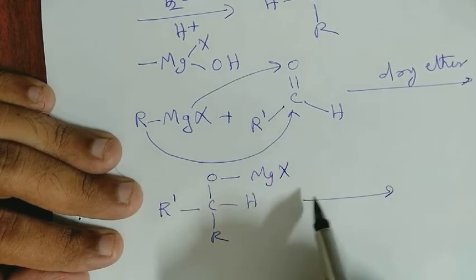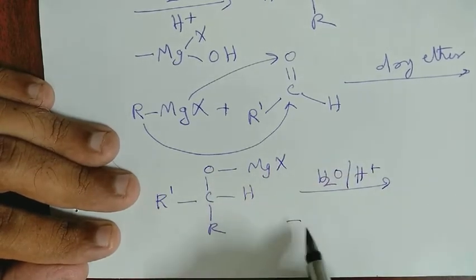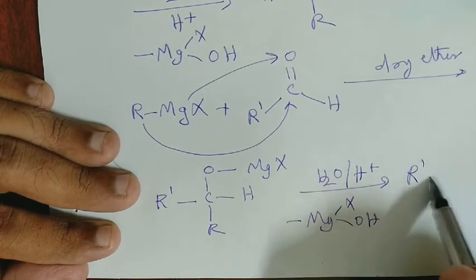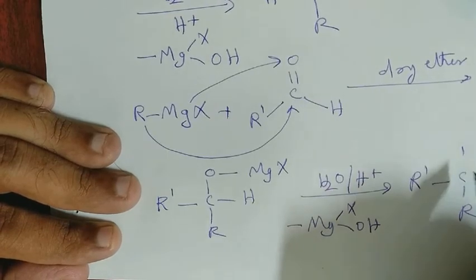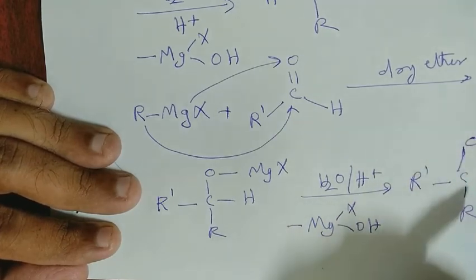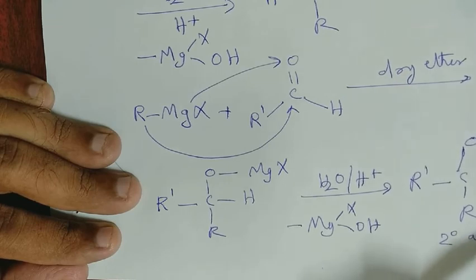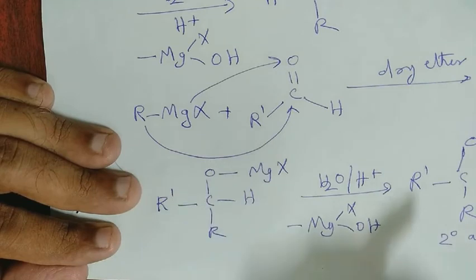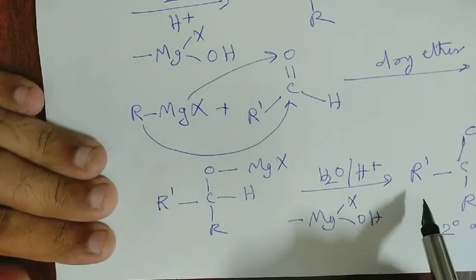This addition product on hydrolysis in acid medium gives a secondary alcohol, R-CH(R')-OH. So in the secondary alcohol, R' group is from the aldehyde and R group is from the Grignard reagent.